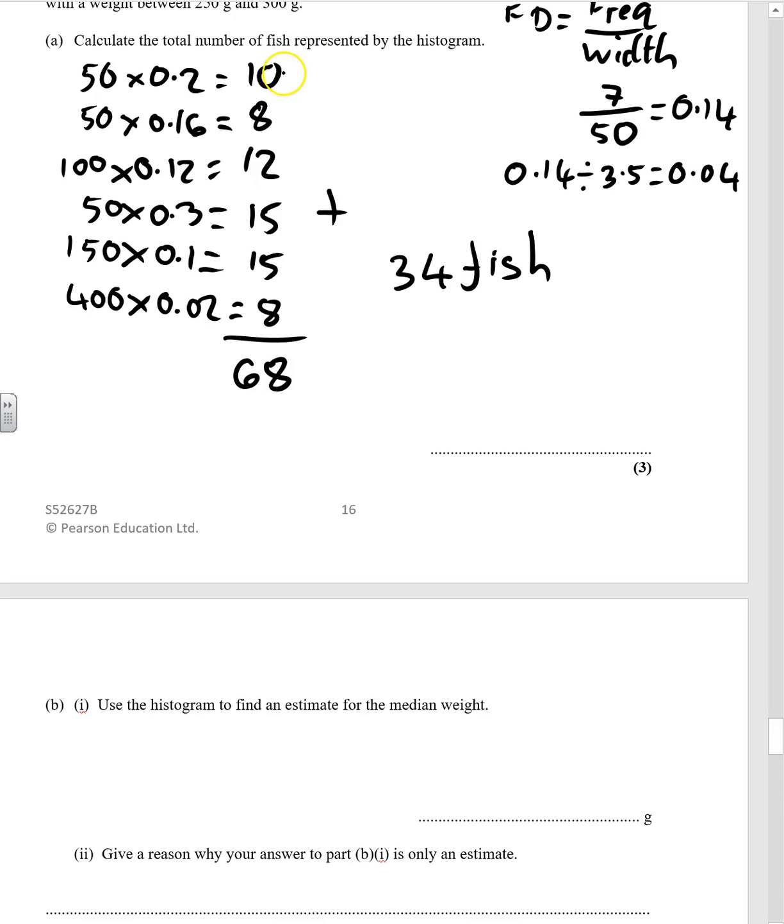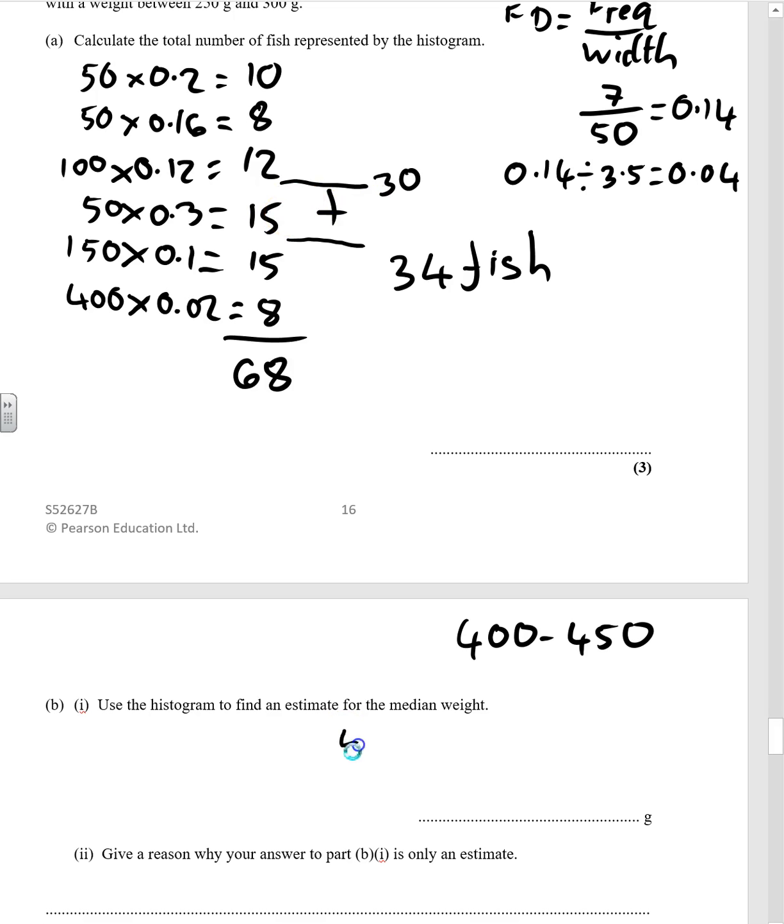They're in order, so we've got 10 plus 8 plus 12, so that's 30 there, coming up from this way, so it's going to be in this group here, which is the 400 to the 450 group, but it's actually only going to be 4 fish into that 15.